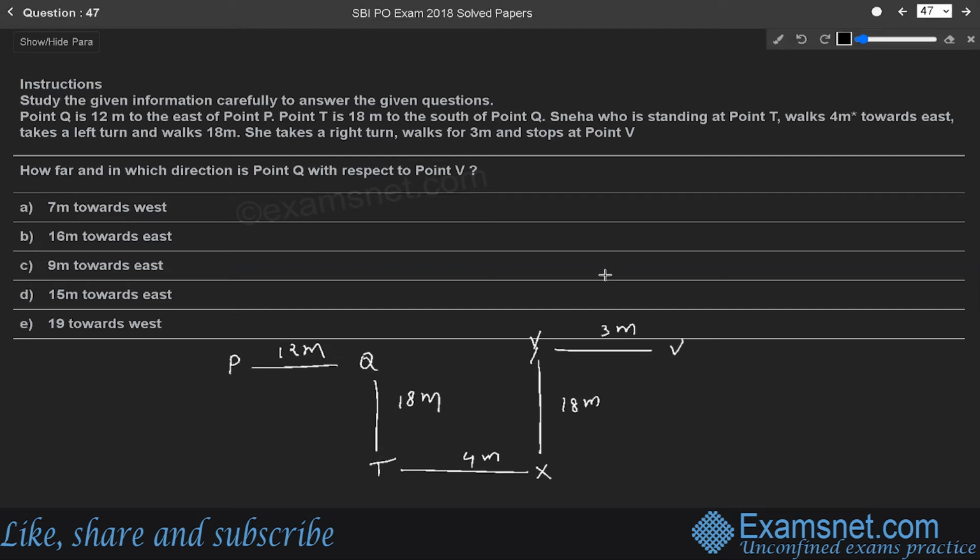Here the question is, how far and in which direction is point Q with respect to point V? We can see that point Q is 4 plus 3, which is 7 meter to the west of point V. So we can say that the correct option is option number A here, which is 7 meter towards the west.